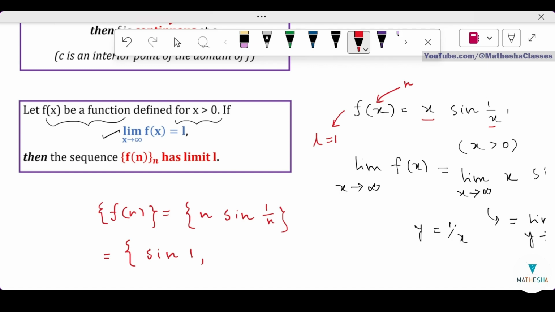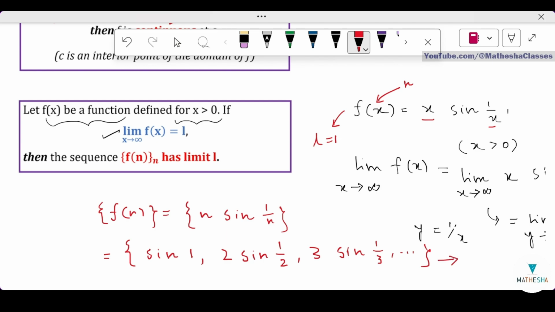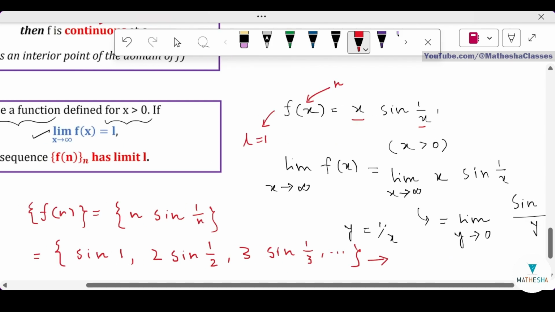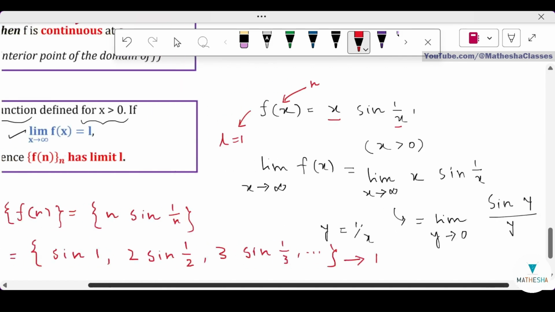Second term will be 2 sine half. Then 3 sine 1/3. And so on. So this sequence will also have the same limit. ये जो sequence मिल गया इसका लिमिट भी सेम होगा. आपको पहले लिमिट मिला था 1, यहाँ पे भी लिमिट 1 ही होगा.